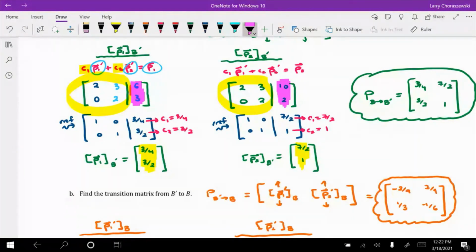Instead of duplicating some of this work, you can fuse this into just a single augmented matrix, and by doing some row operations, you can get the entries of the transition matrix.